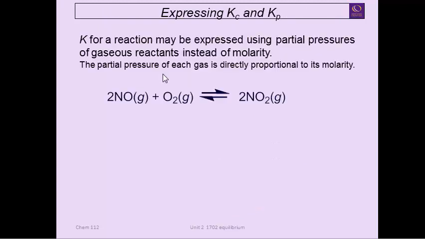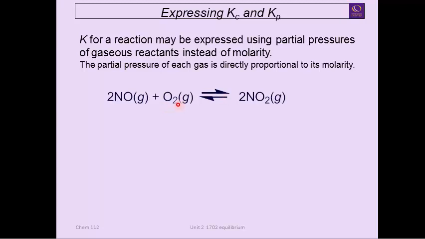So if you remember back to Dalton's law of partial pressures, if you have all gaseous products and you start to do stoichiometry on them, the partial pressures of these three materials are related to the molarity of these three materials. So in other words, the concentration and the partial pressure are both related.